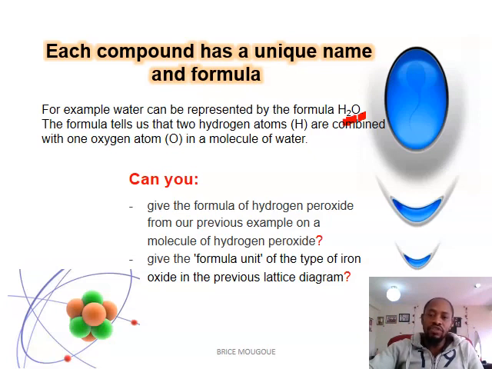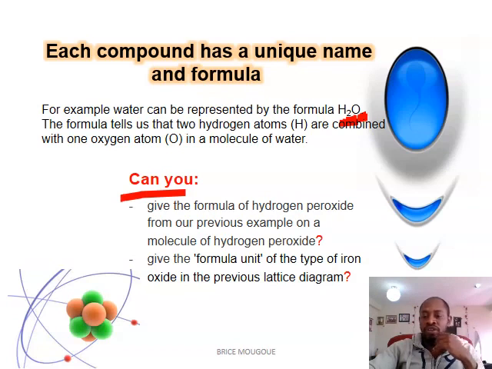We have H2O, with subscript 2 because it means two atoms of hydrogen. Then we have nothing here; imaginarily, we have 1 there because there's one atom of oxygen. So from this point, with what we've seen earlier, can you give the formula of hydrogen peroxide from the previous example?